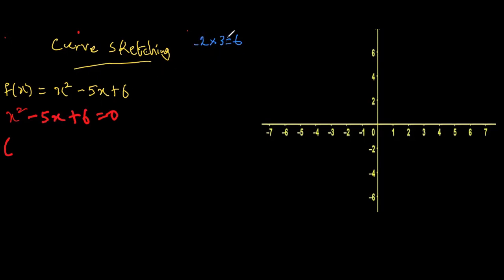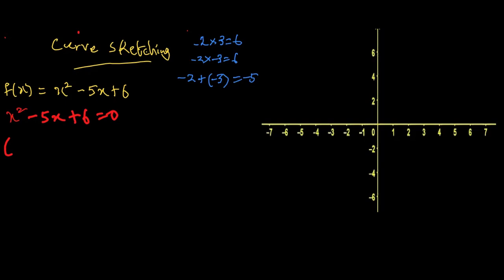So we are going to have negative, negative, so that minus 2 times minus 3 will give us plus 6, which we have as our constant value here. And minus 2 plus minus 3 will give us minus 5, which is the coefficient of x.